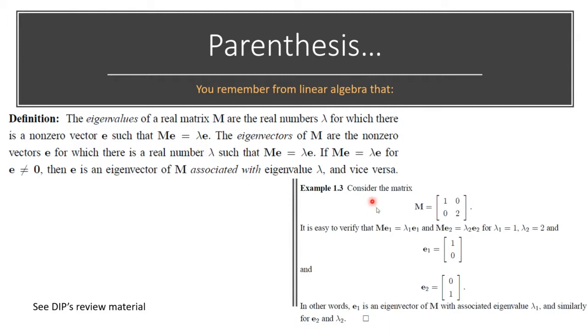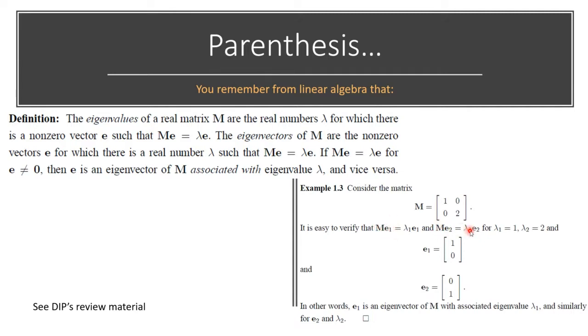So, just an example. Consider this matrix here, that's 1, 0, 0, 2. You can verify yourself that this matrix has 2 eigenvalues and 2 eigenvectors. This matrix is represented by lambda 1 times this eigenvector, which is just 1, 0. Lambda 1 is 1, right? So you multiply lambda 1 by E1, and you get the same result as multiplying M by E1.